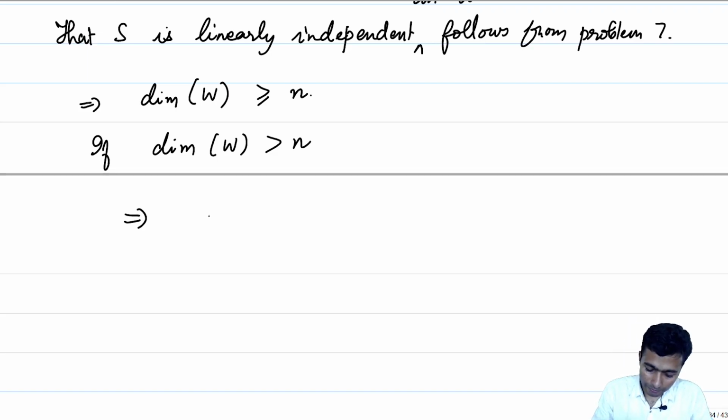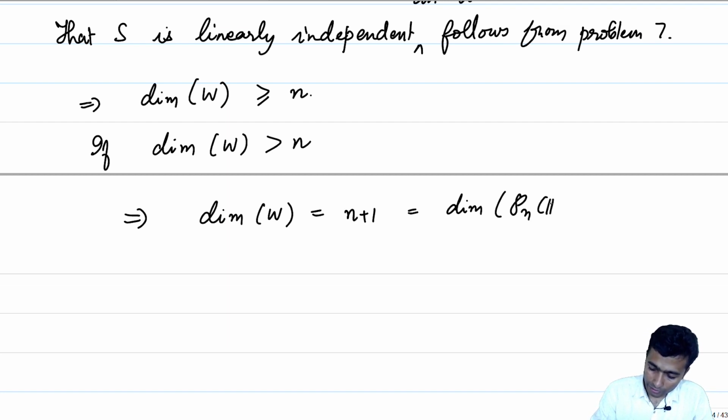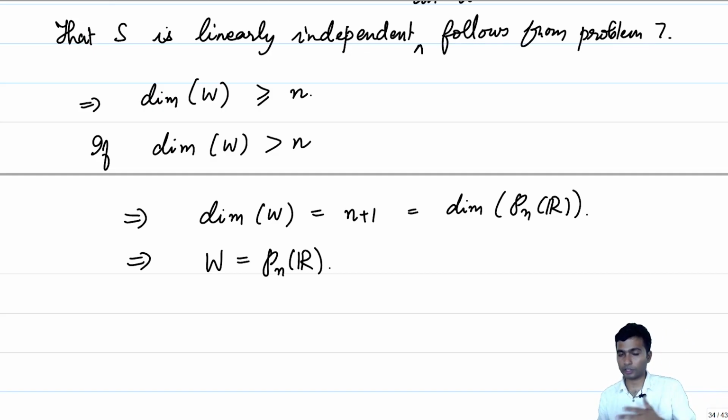This would imply the dimension of W is equal to n plus 1, which is equal to the dimension of Pn of R. We have used this type of argument earlier in one of the problems. That would imply W is equal to Pn of R, since the only subspace of Pn of R which has dimension n plus 1 is itself.